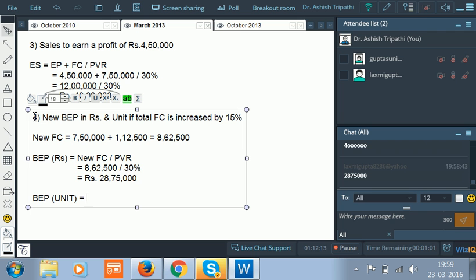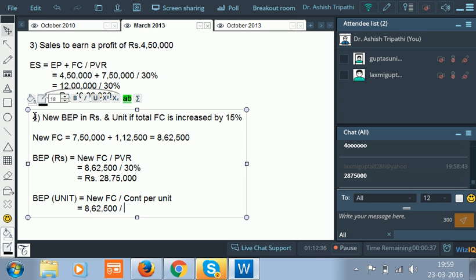Let us calculate break-even point in unit also. The formula will be new fixed cost upon contribution per unit. So let us complete this also.